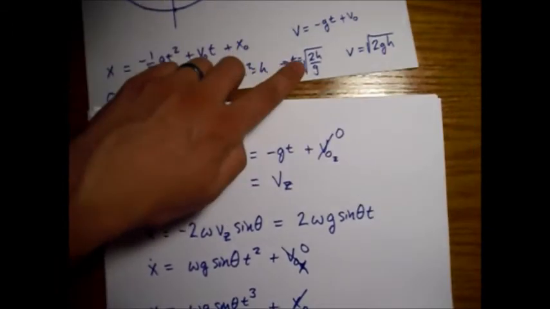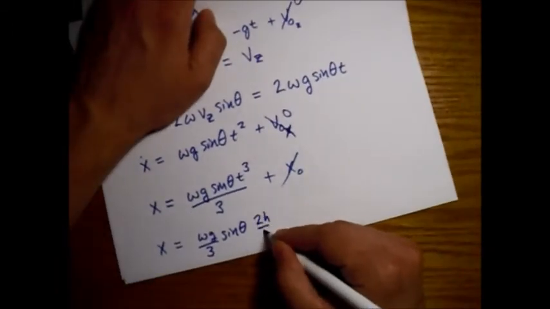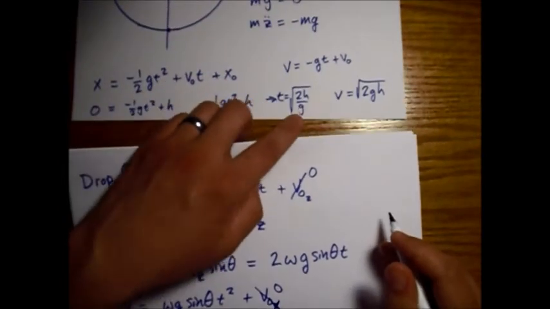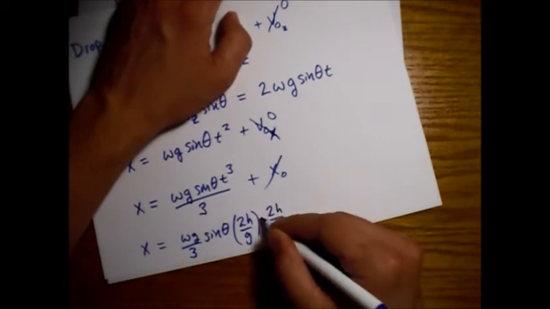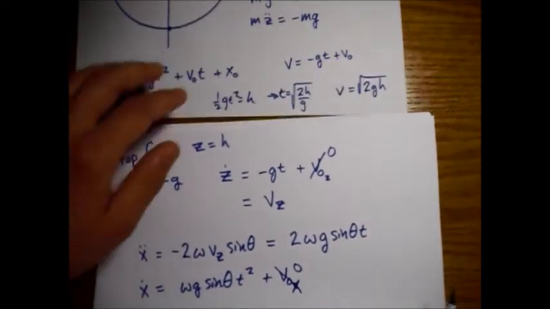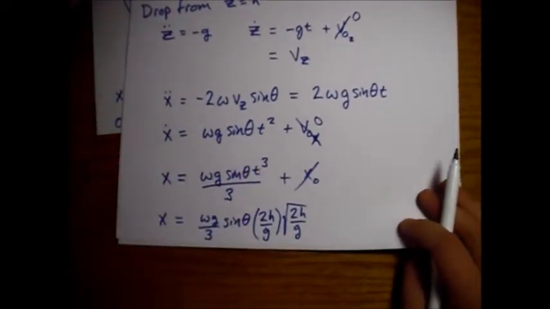So we will have a 2h over g multiplied by the square root of 2h over g. So this is just to the 3/2 power. So it's already under the square root, and then we're cubing it.